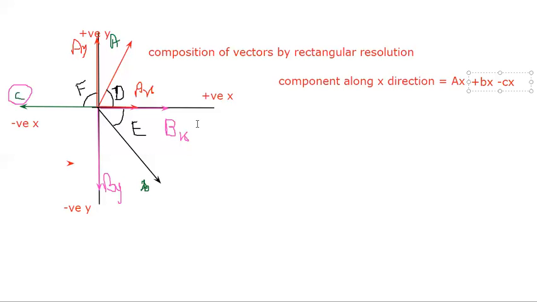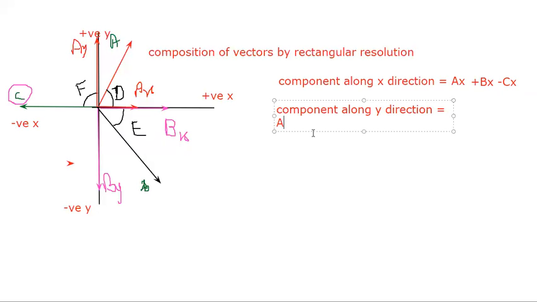Understood? The component along the y direction will be Ay, which is in the positive direction, minus By, and there won't be any Cy because C doesn't have any component along the y direction. Did you get my point?